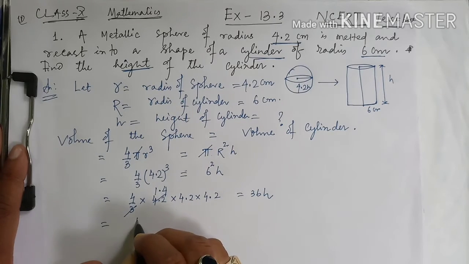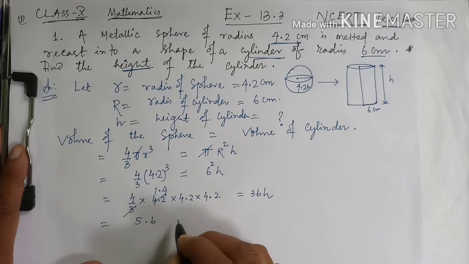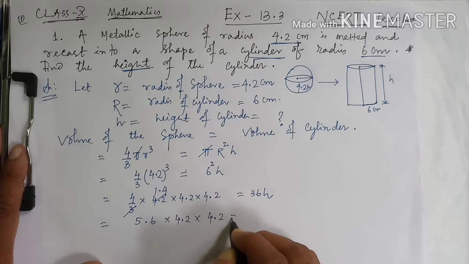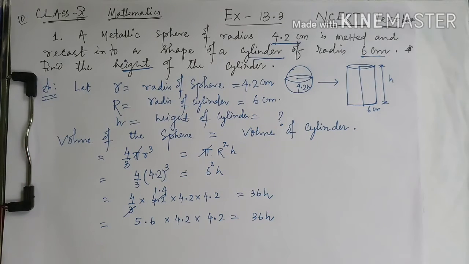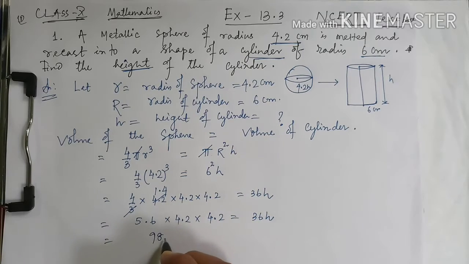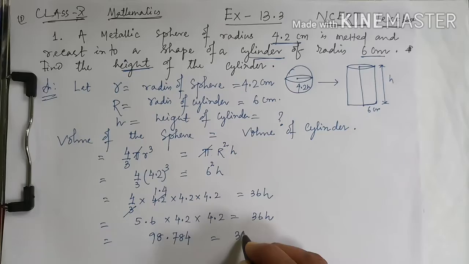1.4 can be written as 5.6, so 5.6 into 4.2 into 4.2 equals 36 h. Now to calculate this, 4.2 into 4.2 into 5.6 equals 98.784, equal to 36 h.